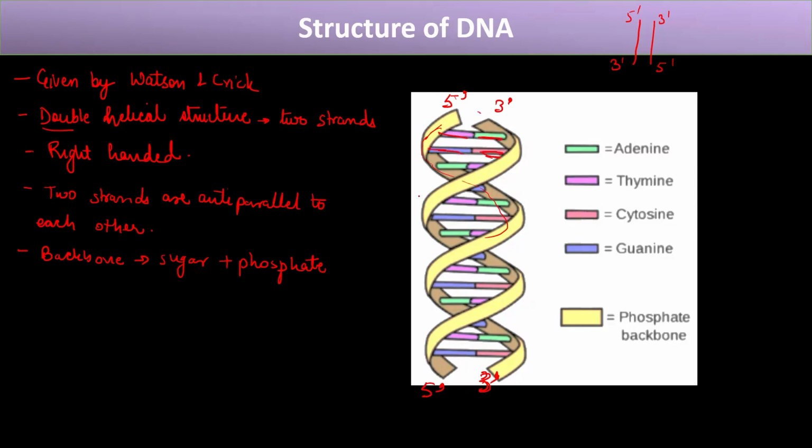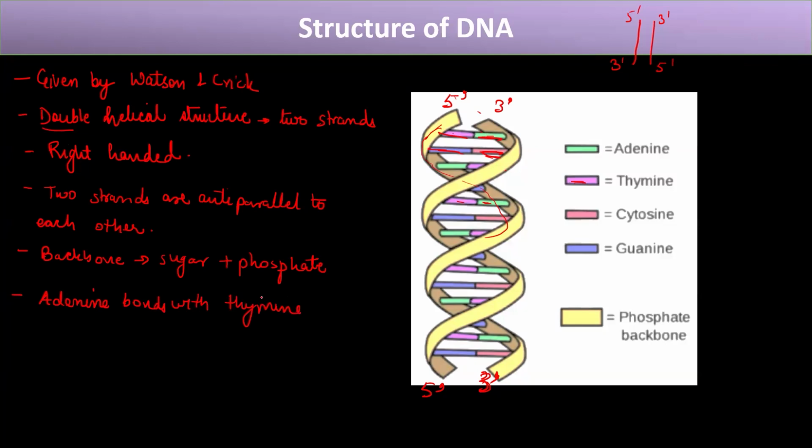If you look at the structure, the purple one represents thymine, while the green one represents adenine. Everywhere, adenine is bonding with thymine. So in DNA, adenine bonds with thymine.